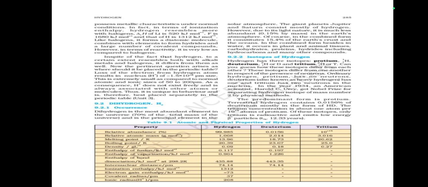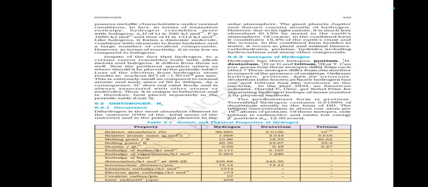Dihydrogen, H2, occurrence. Dihydrogen is the most abundant element in the universe, 70% of the total mass of the universe, and is the principal element in the solar atmosphere. The giant planets Jupiter and Saturn consist mostly of hydrogen.